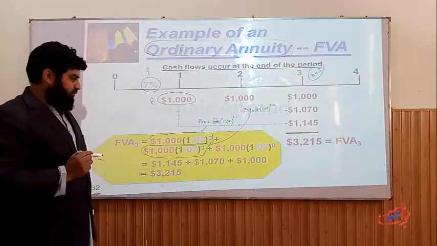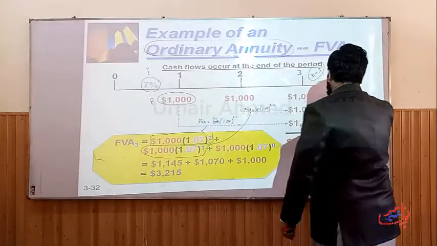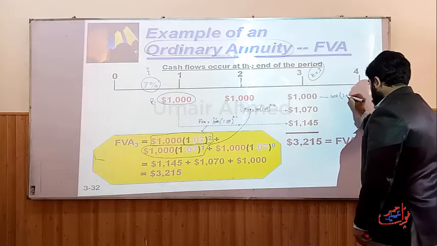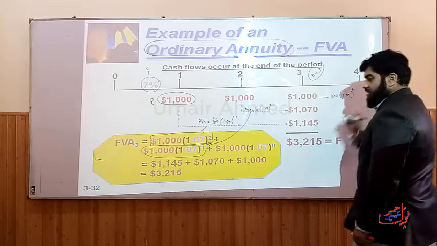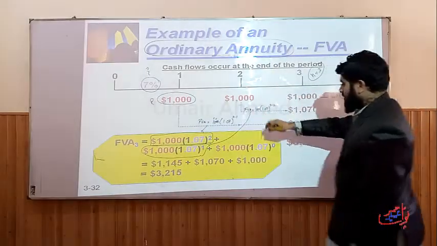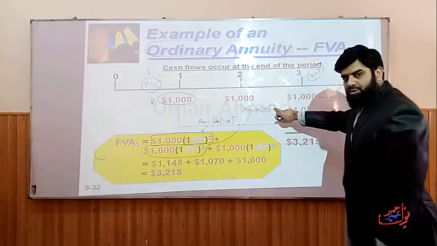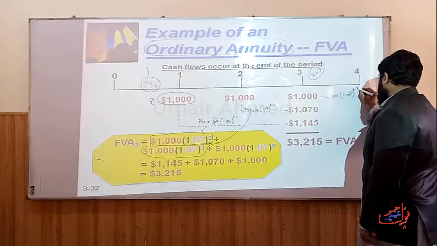Come to the last one, how we calculate it. 1,000 times 1.07, 3 minus what? In the first case we minus 1, in the second case we minus 2, and in the third case exactly 3, we have to minus 3.